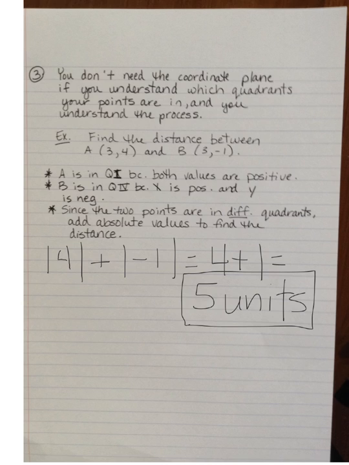Going forward, when you get into 7th or 8th grade, depending, you will learn a formula for distance when your points don't form a straight line on your coordinate plane. But that's more complicated, so for right now, we're just going to stick with this.